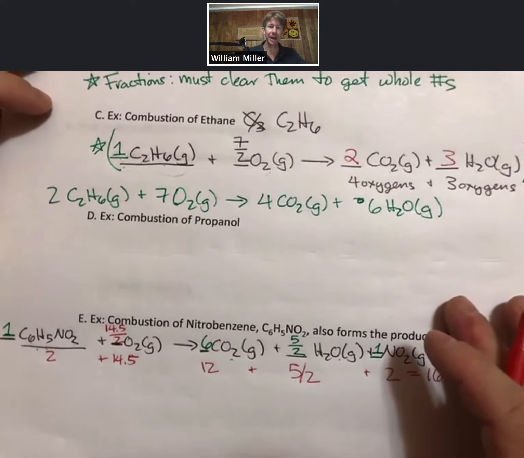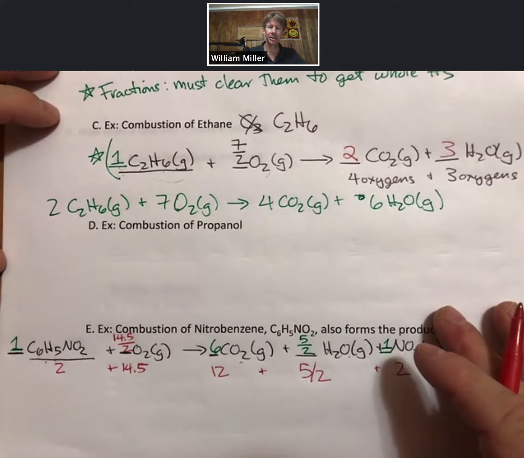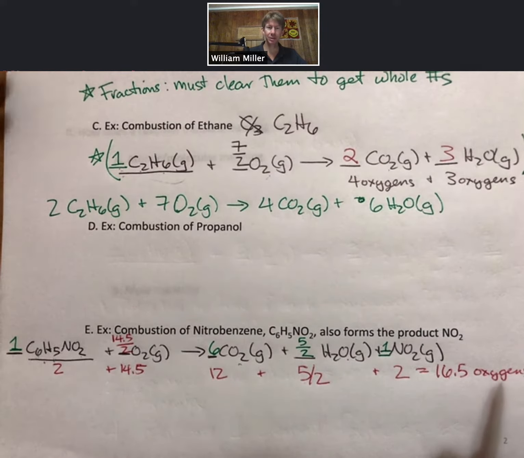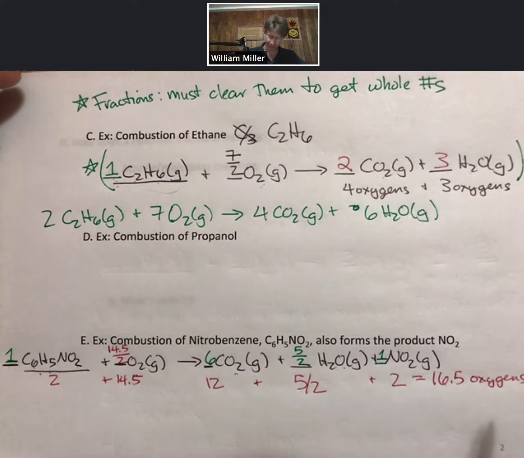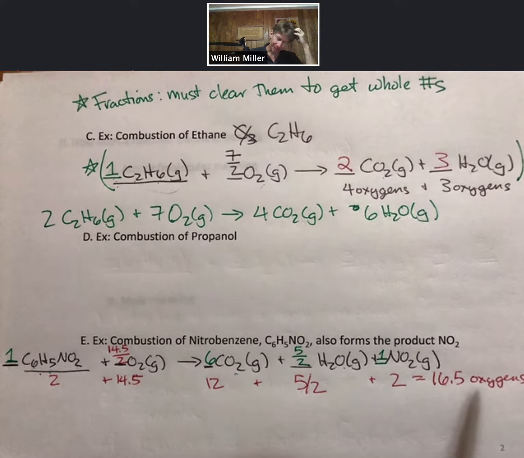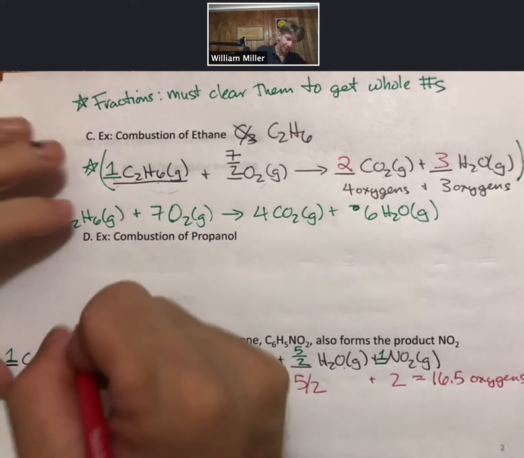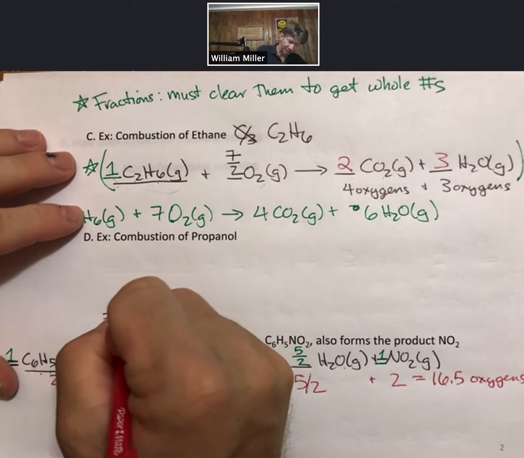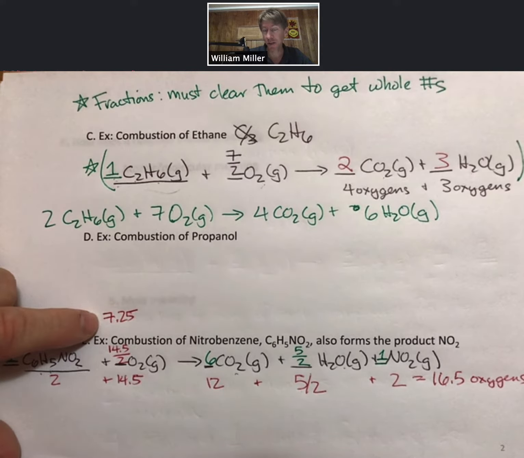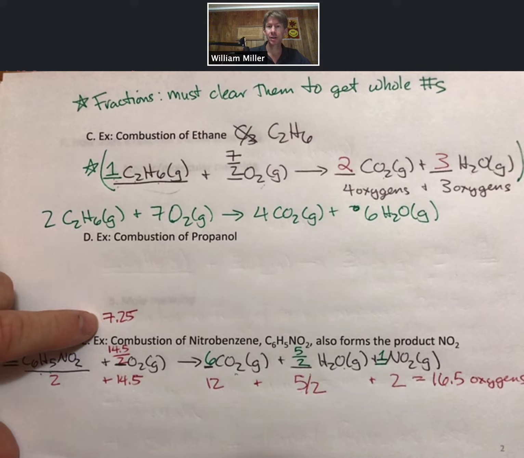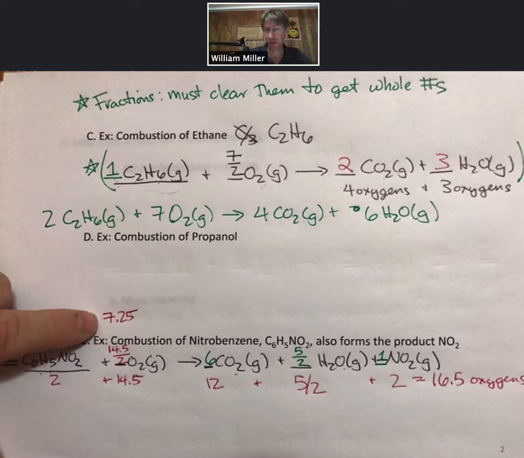So that does balance it, and the way I do it, you balance it, then you clear fractions. So now that everything's balanced, I can see I have 14.5 divided by 2, which is also 7.25. I see that 0.25, which means there's a quarter in this problem, however you do it, and it means that I must multiply all of the coefficients times 4 to get the smallest whole numbers possible.